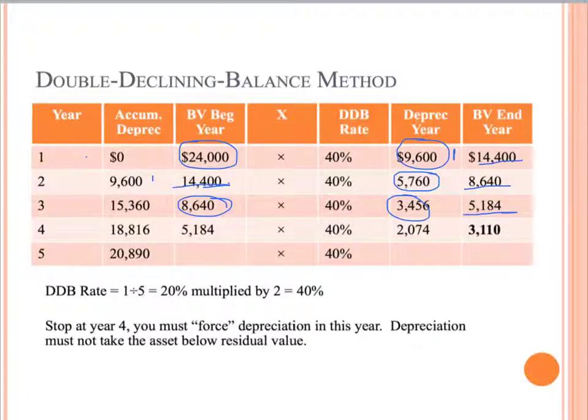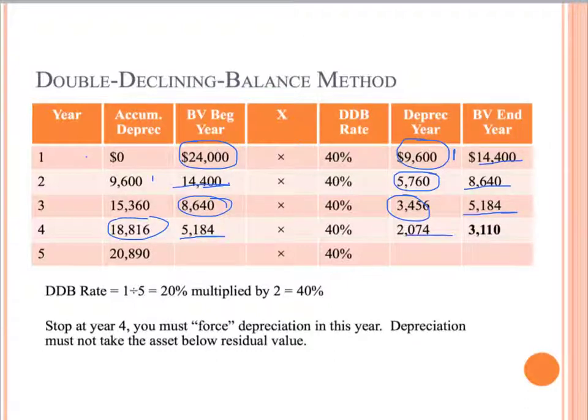In year 4, our total accumulated depreciation, this is the total in that T account, of each year we've depreciated thus far, is $18,816. Our beginning year balance would then be $5,184. If we multiply that times 40%, we get $2,074.